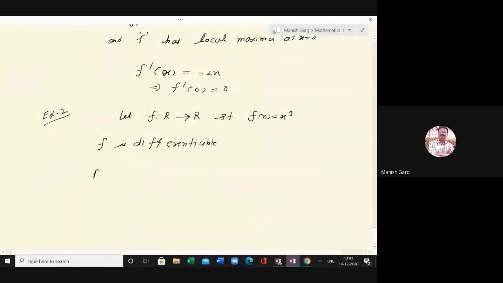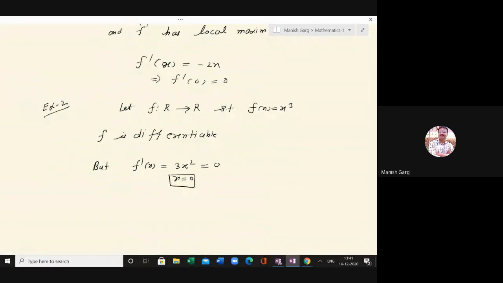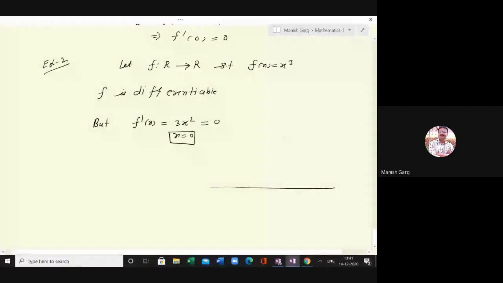But f dash x, if you find, is 3x square, and this is 0 at x equal to 0. So you might say that f has a local maxima. But no, this function does not have a local maxima.